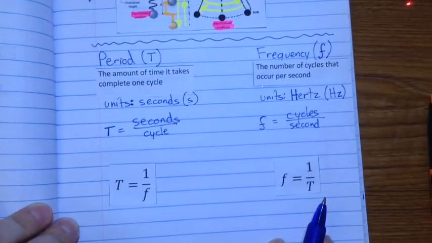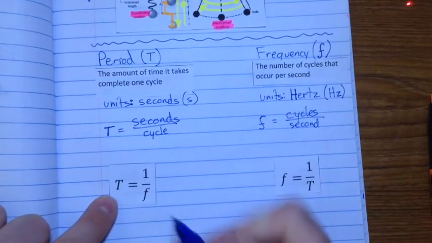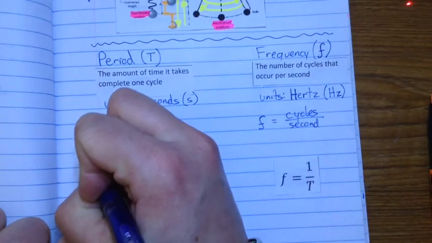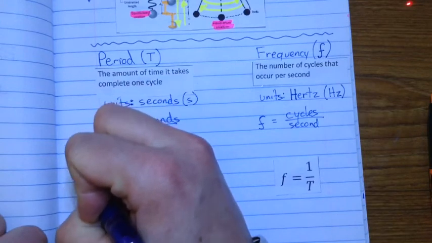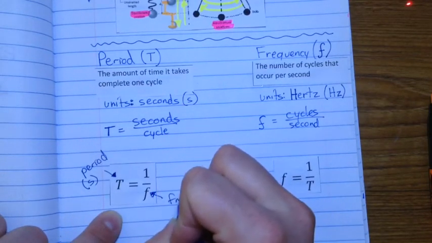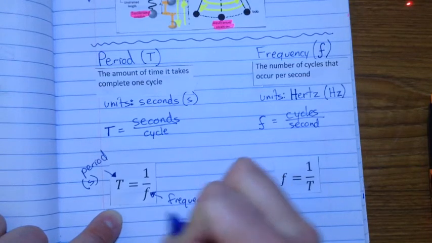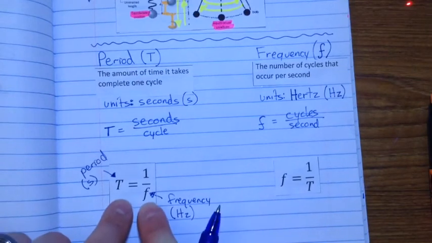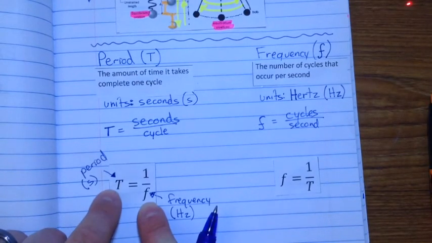And if you look at the two formulas, they are very, very similar. Now that you have the formulas glued in, let's label them. T is period, measured in seconds. F is frequency, measured in hertz. So if I know the frequency, I can figure out the period.